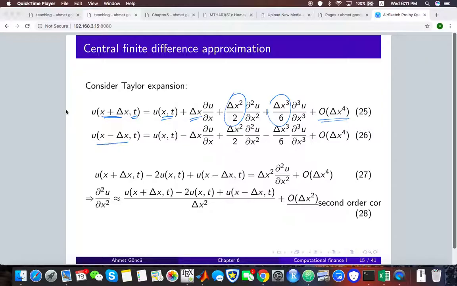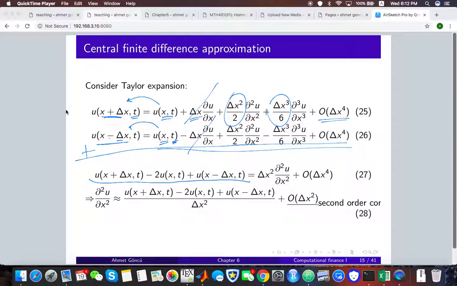Similarly, we can take the backward space step by subtracting delta x, and you write again the Taylor expansion on the right hand side evaluated at the point x and t. If we add these two equations together, these terms go to the left, and on the right hand side these terms cancel.